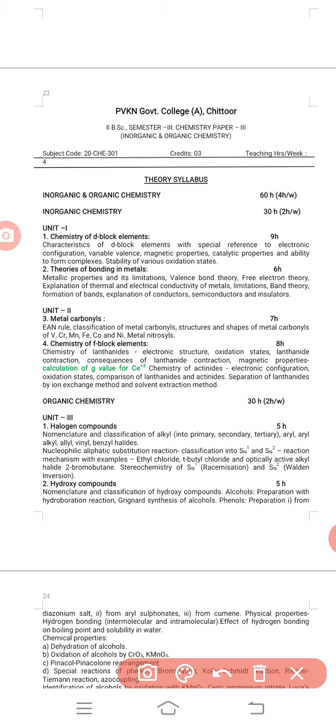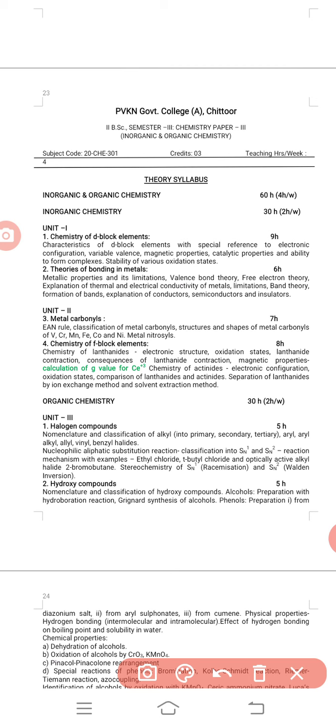Very important: the third semester chemistry syllabus is very huge and very difficult, so all of you must read carefully. The syllabus is very big, 5 units. Today we discussed nearly 2.5 units.